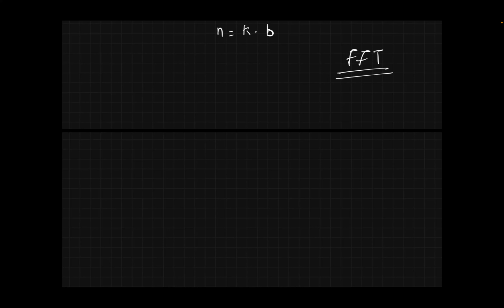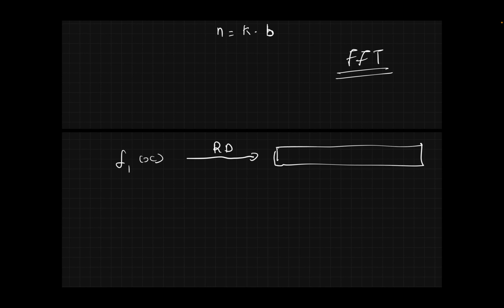What we have so far is a polynomial. Then we perform Reed-Solomon to get the codeword. Then we fold.